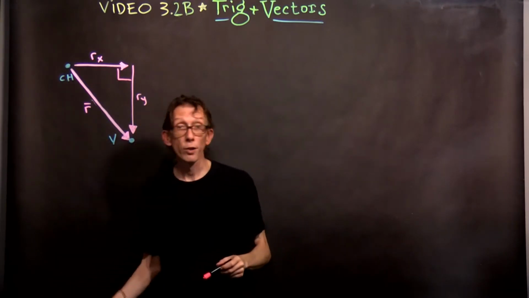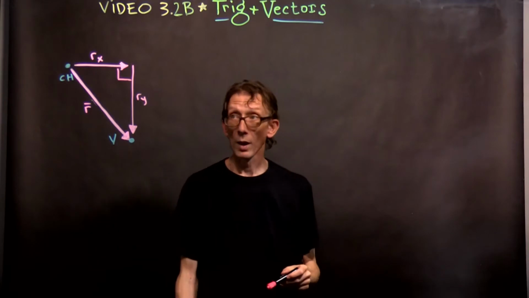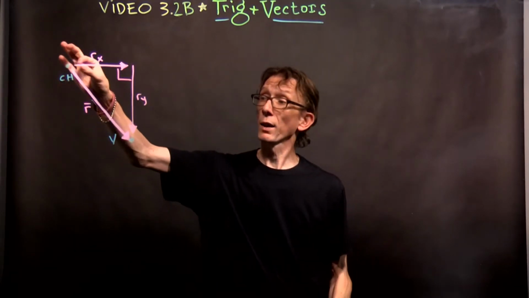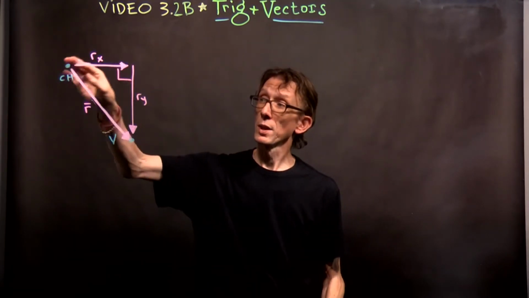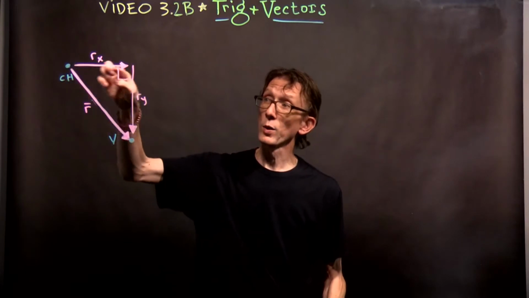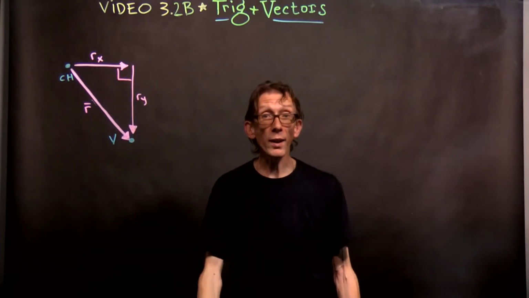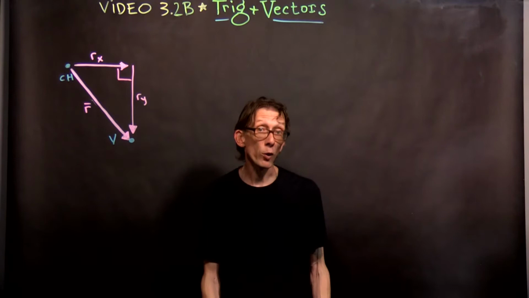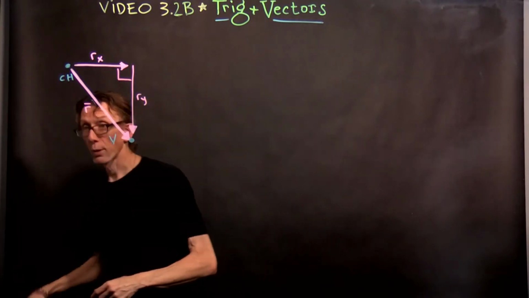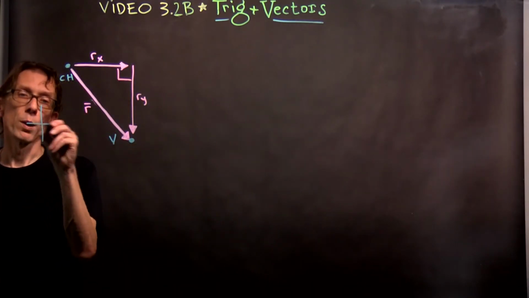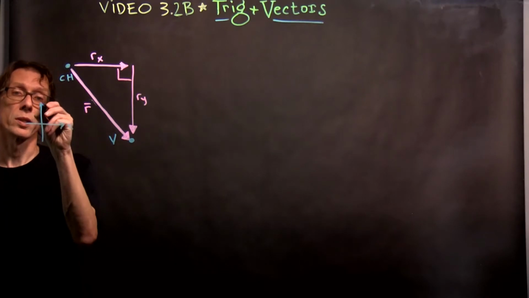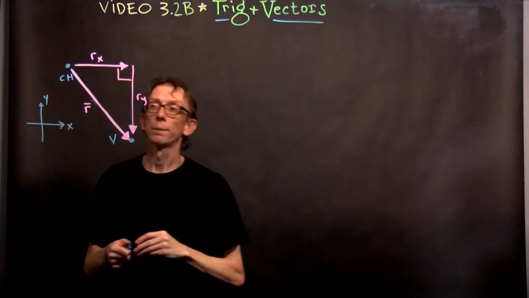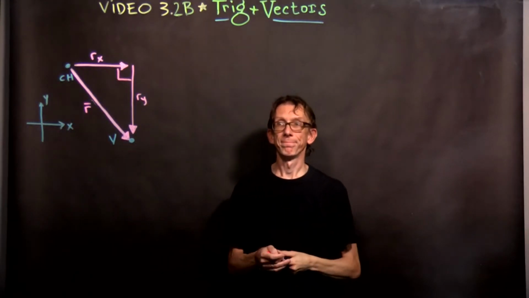Rx and Ry are the two sides. So you can see that when we break a vector down into its components, we make a triangle, and not only a triangle, we make a right triangle. And remember also that we have imposed this coordinate system, x and y.